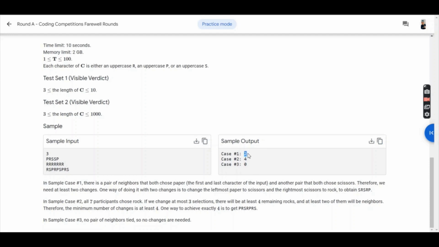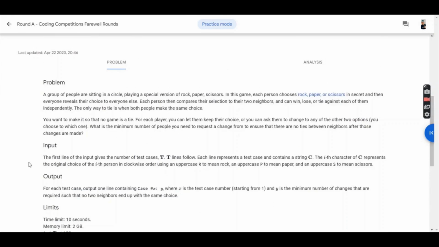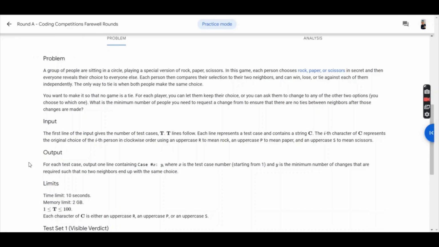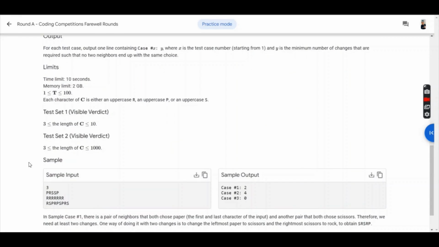So the answer is 2. In the last case, all of them are already different, so none of them ends up in a tie. So the answer is 0. You should probably pause the video and think about a solution, and I'll discuss the solution later.